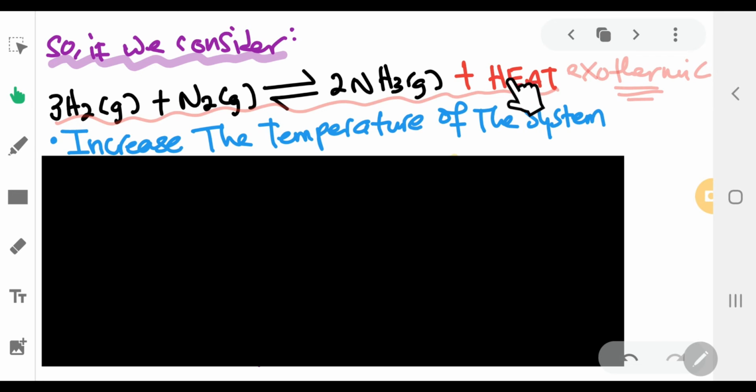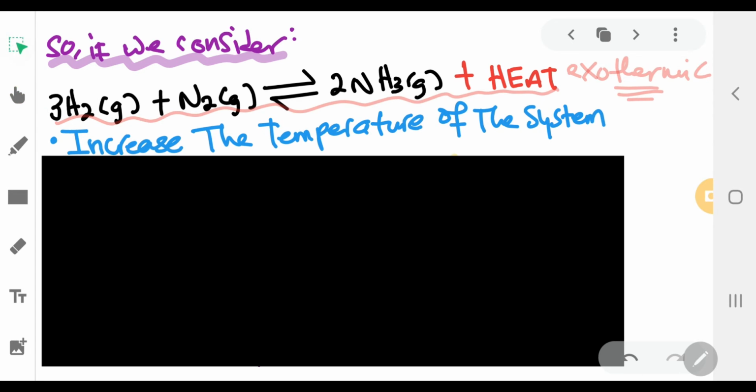When you apply the same kind of thinking as for concentration, you can fairly guess that if you increase the temperature here, the reaction will shift to the left because you are increasing heat that is on the product side. When you reduce the heat, the equilibrium will shift to the right. So you can make that kind of guess at this point.